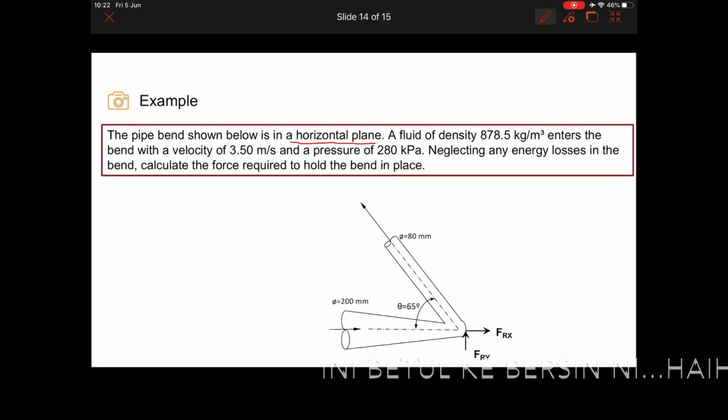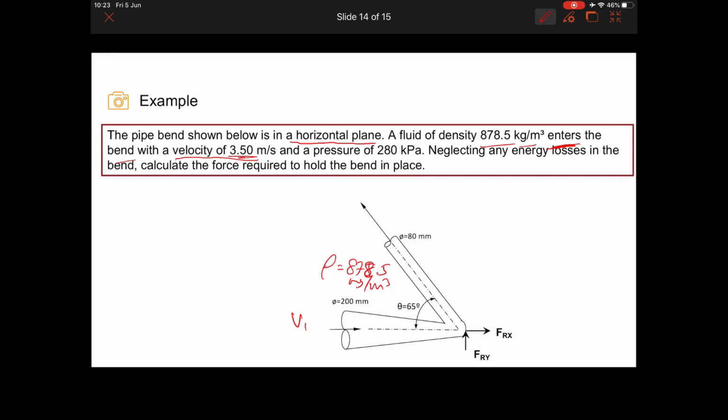A fluid of density 878.5 kilogram per meter cubed enters the bend with a velocity of 3.5. So meaning rho is 878.5 kilogram per meter cubed, enters with velocity at point 1, v1, 3.5 meter per second.